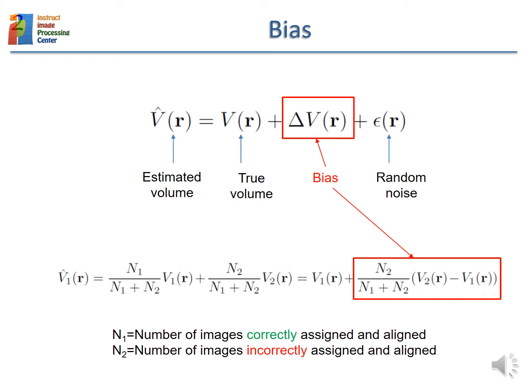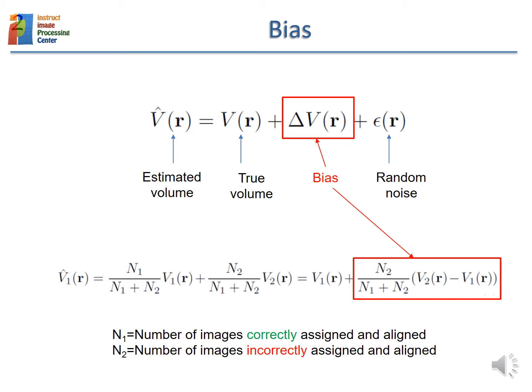When you have a set of images and you have to construct the volume, you have to estimate the parameters of those images, the orientational parameters, so that they can be combined into volumes. So having bias in the volume is caused by having bias in the estimation of the alignment parameters.